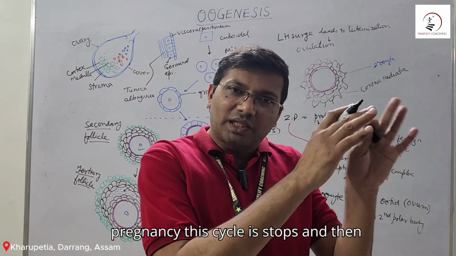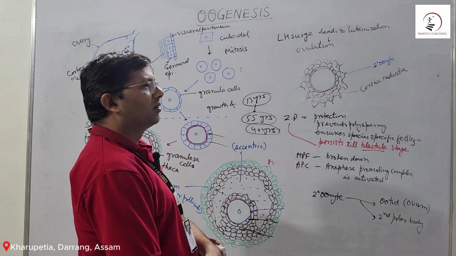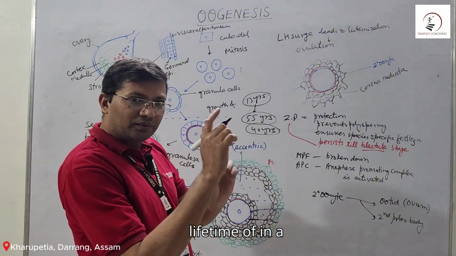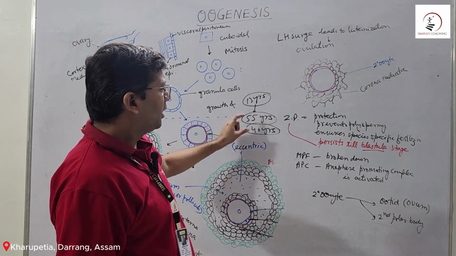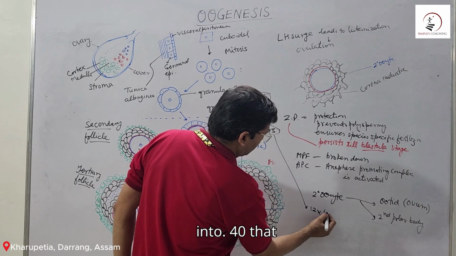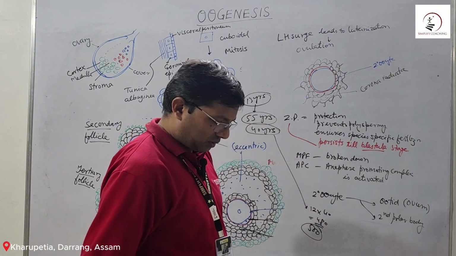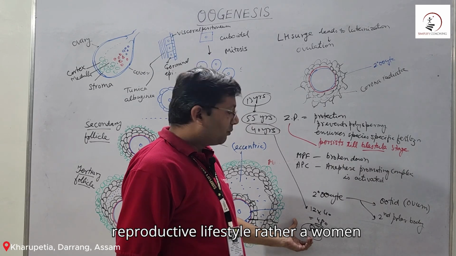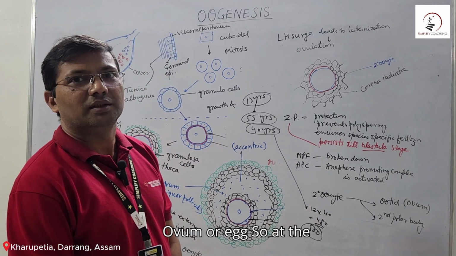Obviously, when there is a pregnancy, this cycle stops, and then each month it will not release the ovum. So in a reproductive lifetime of a female, that is around 40 years, a single woman produces around 12 into 40, that means 480. So we can say that in a reproductive lifetime, a woman produces about 500 mature ova or eggs.